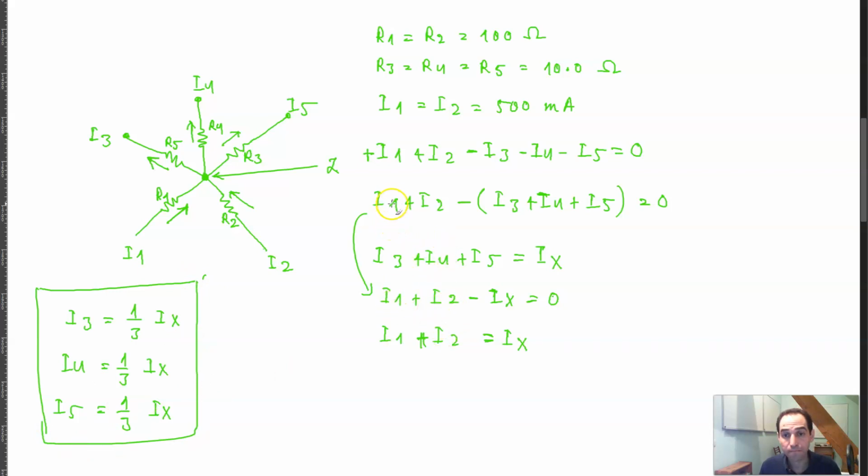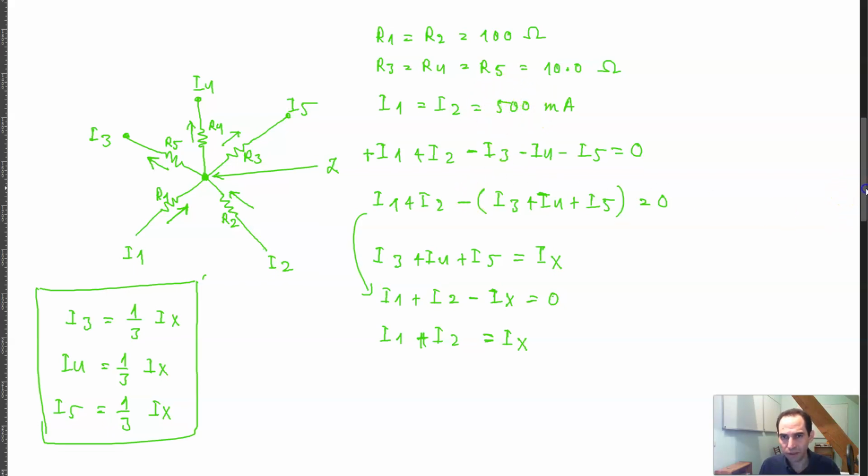Now basically what I can do here is that I have 500 milliamps and 500 milliamps for I1 and I2. When you add 500 and 500 you will get 1000, right? Sometimes, in order not to lose the number of significant figures that you have, you need to write your numbers in scientific notation.